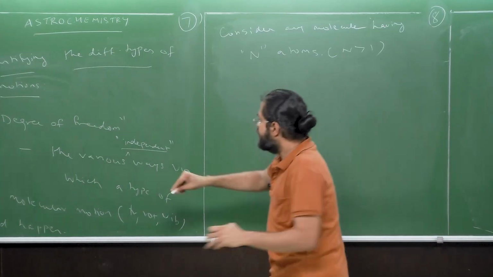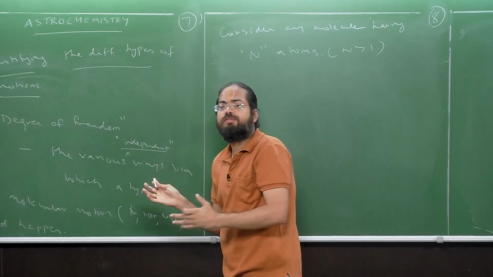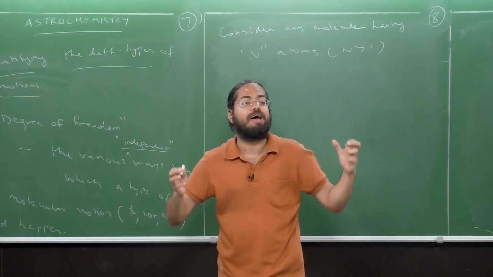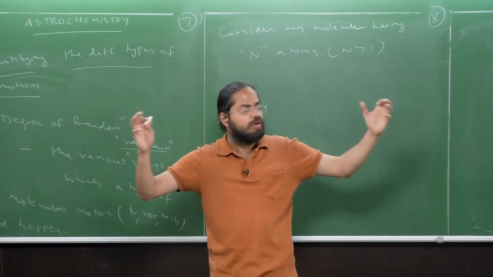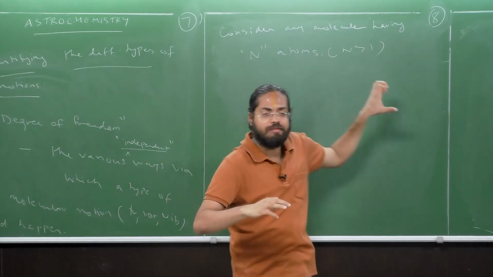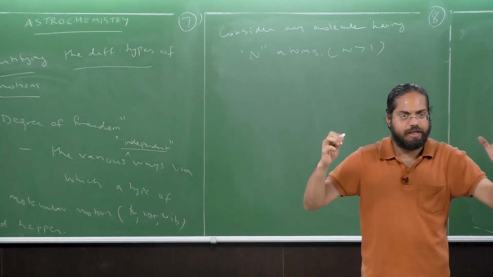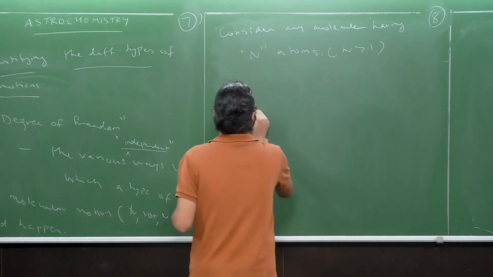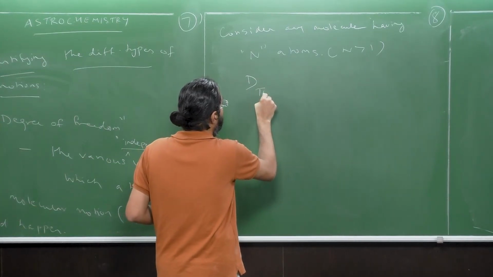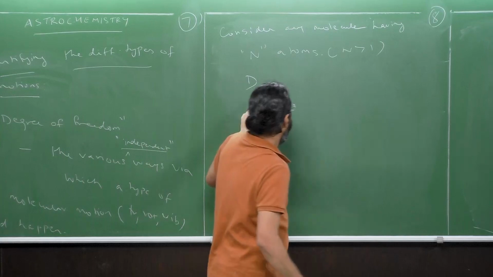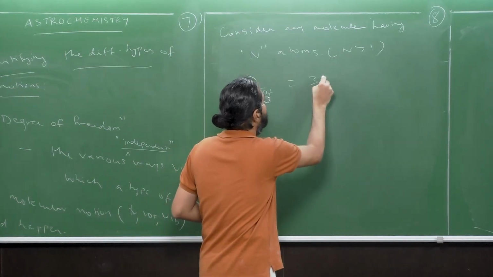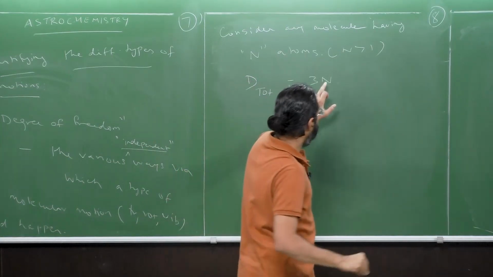Now, just like we have a degree of freedom for the various types of motion, we can also have an overall degree of freedom for this molecular system having n atoms. So the total degree of freedom, D total, is going to be 3n, where n is the number of atoms.